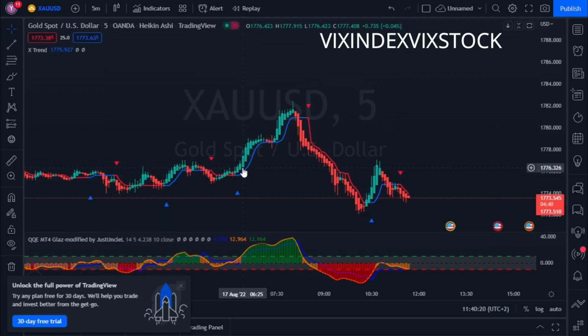And where would we get out? The moment we see the blue popping out of the orange there, that's a signal that we get out. So there we would close our buy. That's basically the rules for a buy.